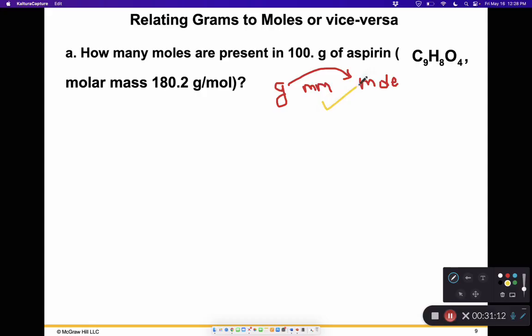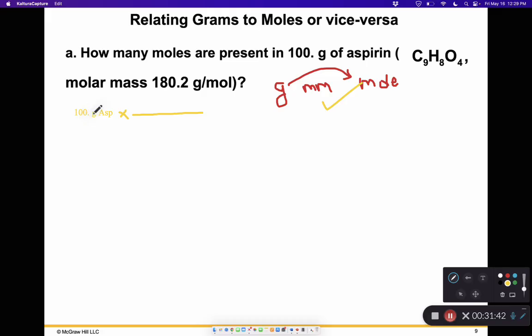Okay, use this one. So we are given 100 grams of aspirin. I will just write 100 grams of aspirin. Aspirin is C9H8O4. I will just write ASP and then multiply that by the conversion factor.